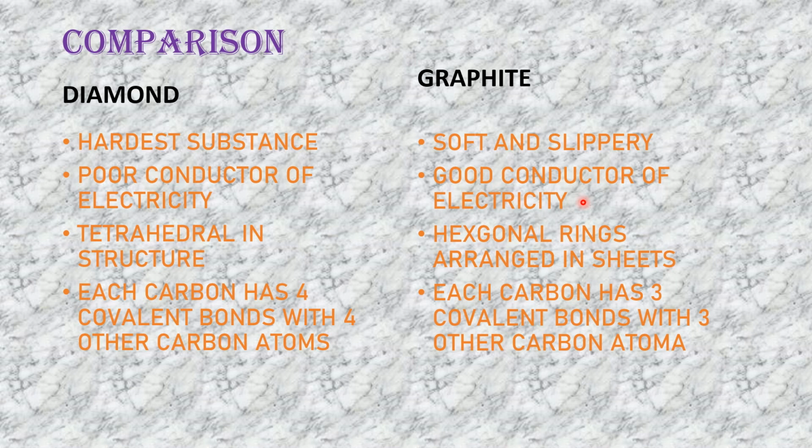So that means there is a charge which allows it to conduct electricity. Tetrahedral, cage-like, compactly arranged. Hexagonal, arranged in sheets, bonded with very weak van der Waals forces. Here, each carbon has 4 covalent bonds with 4 other carbon atoms. Here only 3 covalent bonds with 3 other carbon atoms.